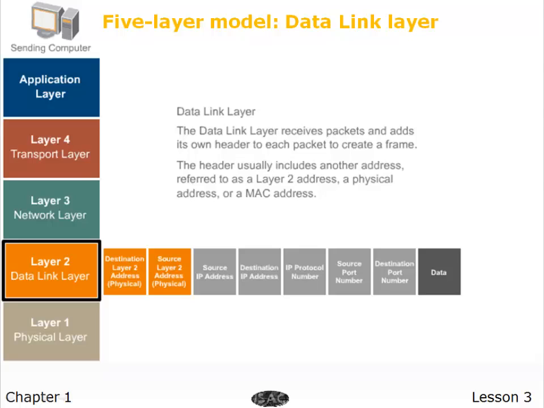So adding the destination and source physical addresses, we will get 7 headers added to the data. The data link layer also adds a checksum at the end of the data and sends it to the physical layer, which sends it through the medium.